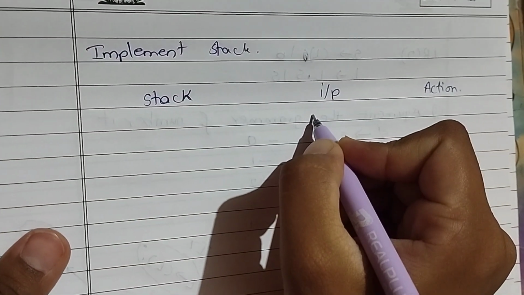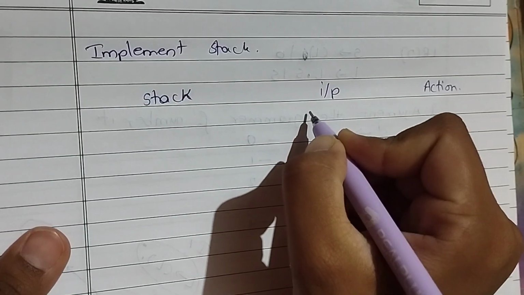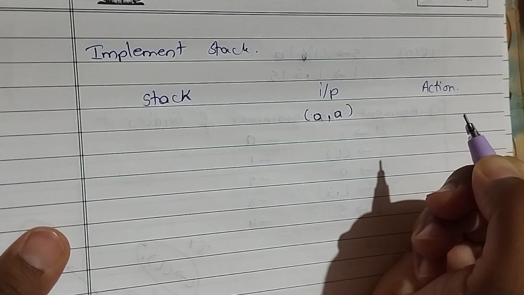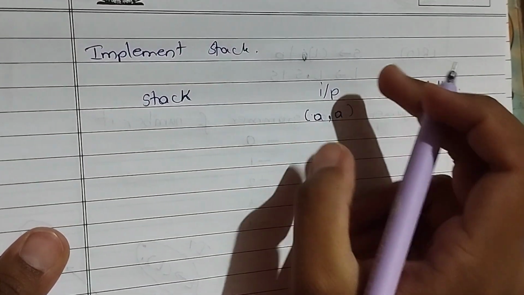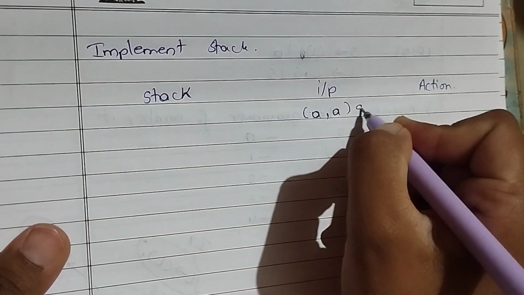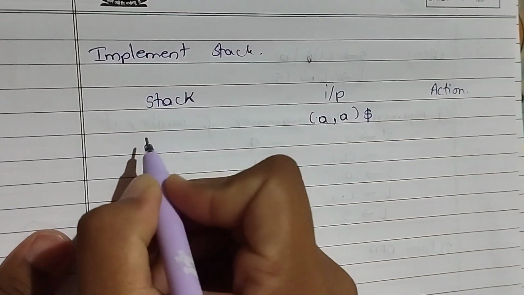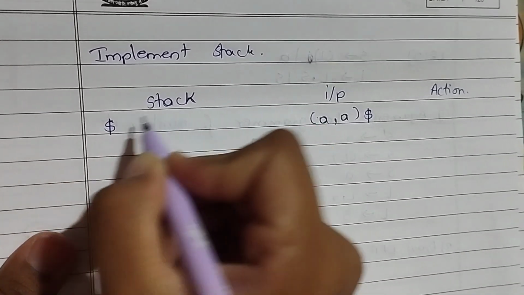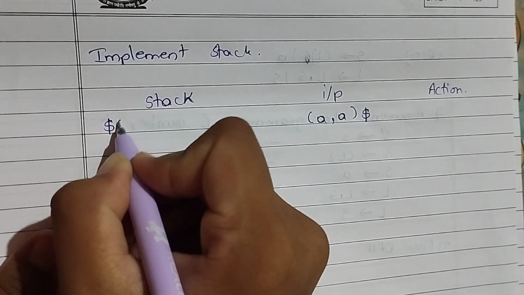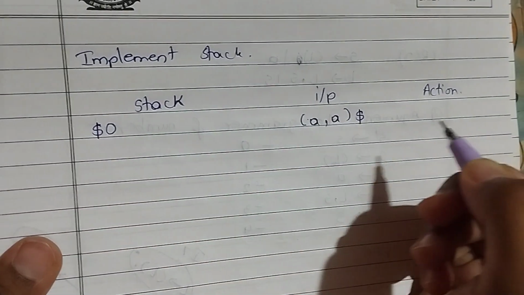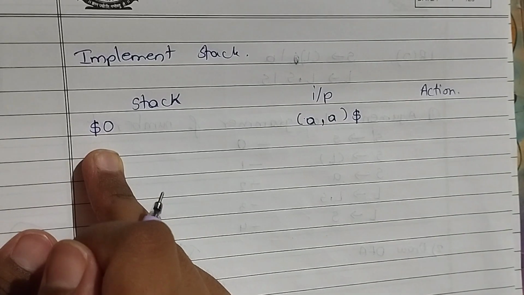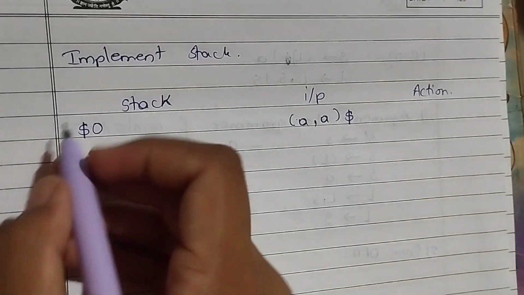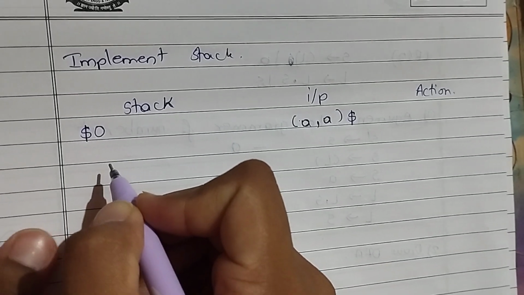For this we consider the input is opening bracket A comma A closing bracket, and as I mentioned, in input we always write dollar at the end, and for the start of the stack we write dollar, and we start from the 0th state. So we write here 0 because our grammar starts from 0, and here we write action. So we start to solve this one by one.